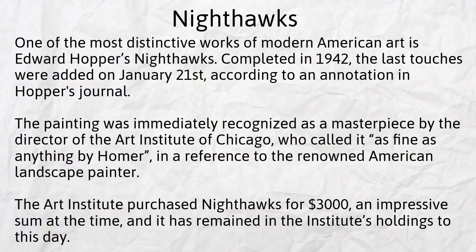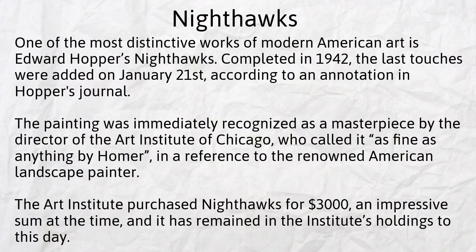One of the most distinctive works of modern American art is Edward Hopper's Nighthawks. Completed in 1942, the last touches were added on January 21st, according to an annotation in Hopper's journal.